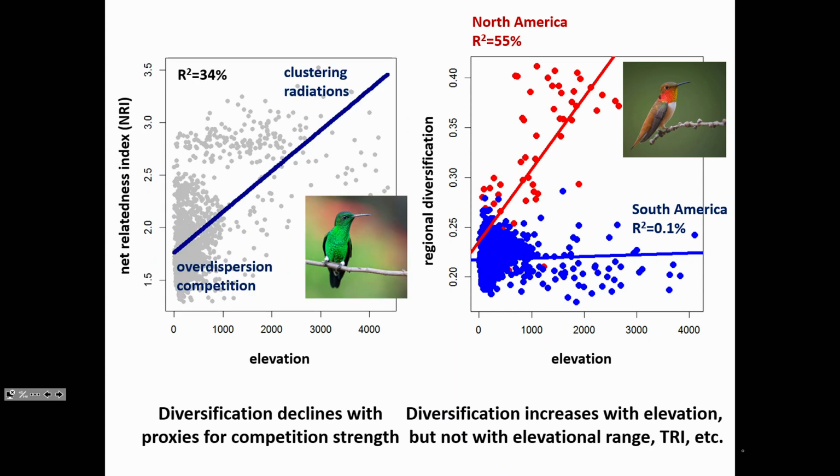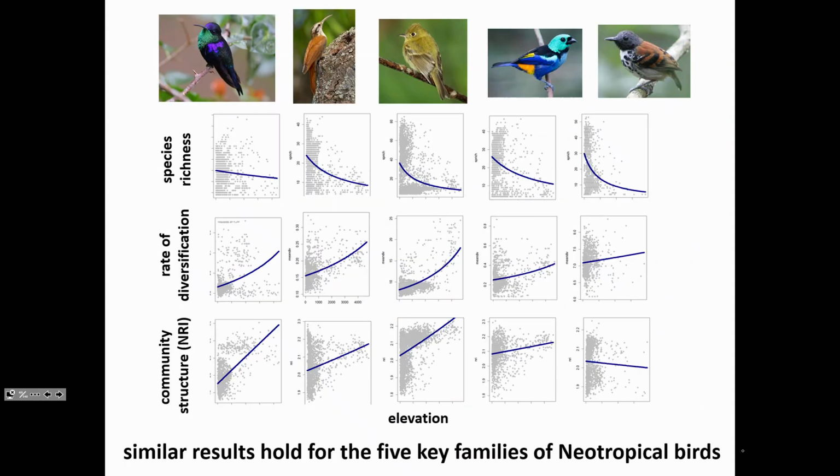And again, this shows some correspondence with community phylogenetic structure, indicative of possible competition in the lowlands and ongoing radiation in the highlands. These are the results for hummingbirds, but all 5 groups of birds showed the same results time and again. So species richness declines with elevation, diversification increases with elevation, and there is also the correspondence with community structure.